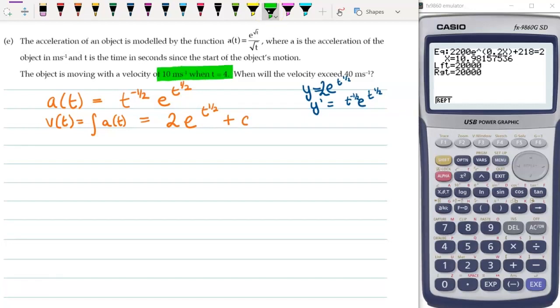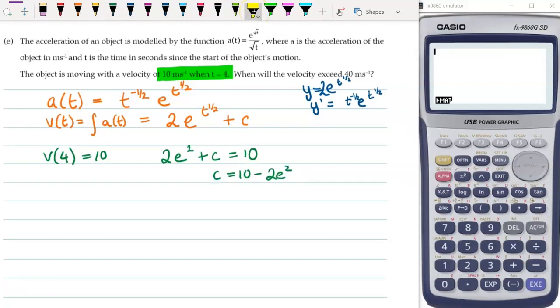Now the extra info we've got is this bit here. So when t is 4, the velocity equals 10. So 2e to the square root of 4 is 2, plus c is equal to 10. So c equals 10 minus 2e squared. And the thing we're answering is, when does the velocity exceed 40?